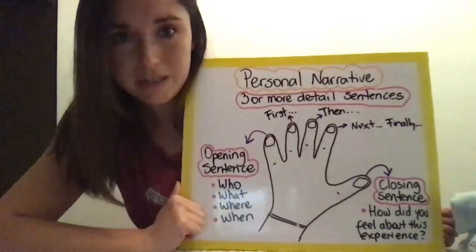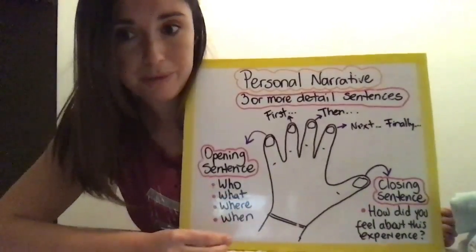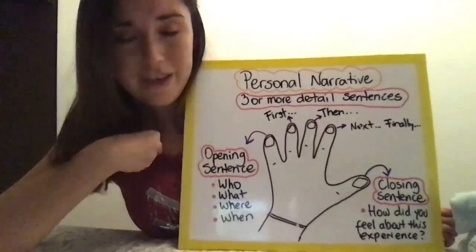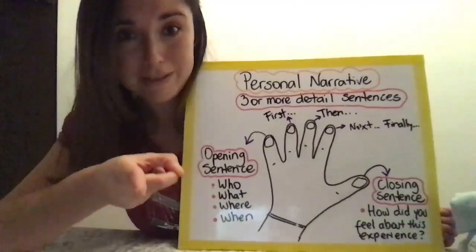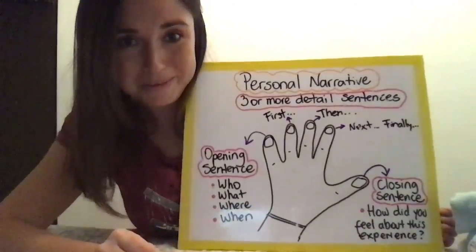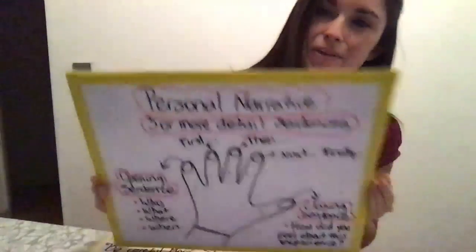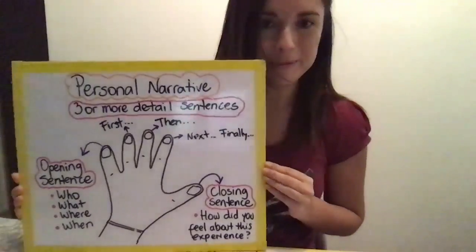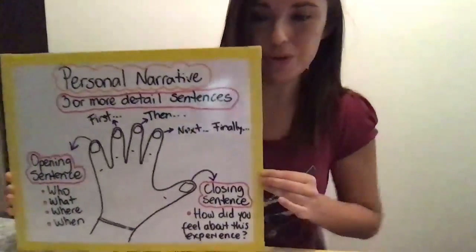As I'm writing about a personal narrative, I can finish my short story by saying how I felt about this experience. Remember, I fell down the stairs, so I was tremendously embarrassed. Okay, so using this personal narrative useful chart, I wrote a short story that I will show to you now.